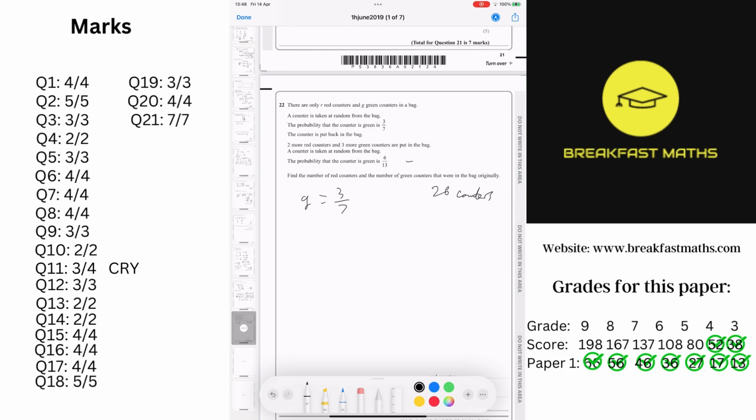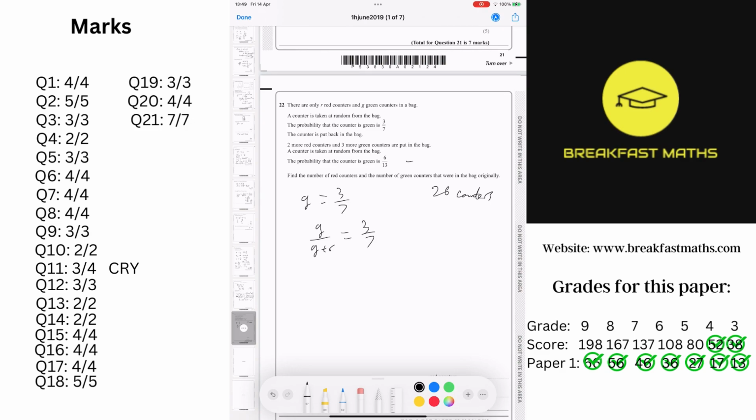How can we then put that together? So we could say initially the number of green over the total, green plus red, is equal to 3/7. And then let's try and create a new equation for this.